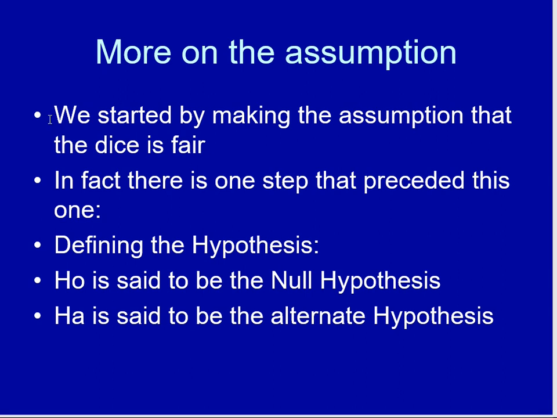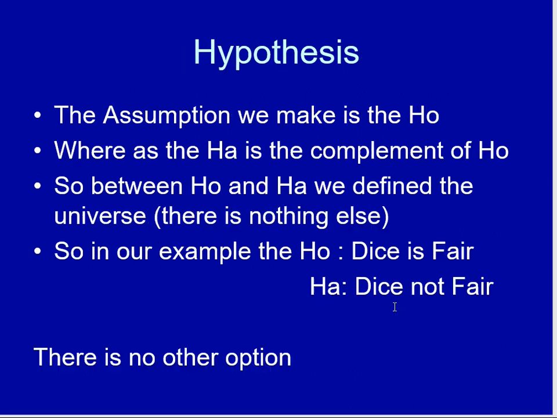But you also have to get yourself ready in case you're going to reject that null hypothesis by having an alternative hypothesis ready. The null hypothesis and the alternative hypothesis are complements of one another. Together they define everything. Therefore, if the null hypothesis says the dice is fair, your alternative hypothesis has to be the dice is not fair. You do not specify how not fair. You just leave it open.